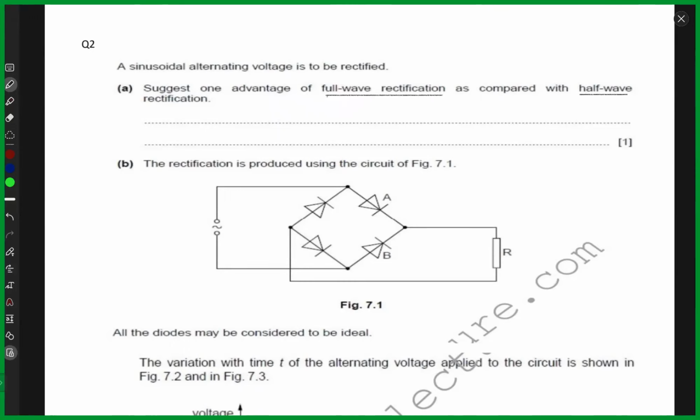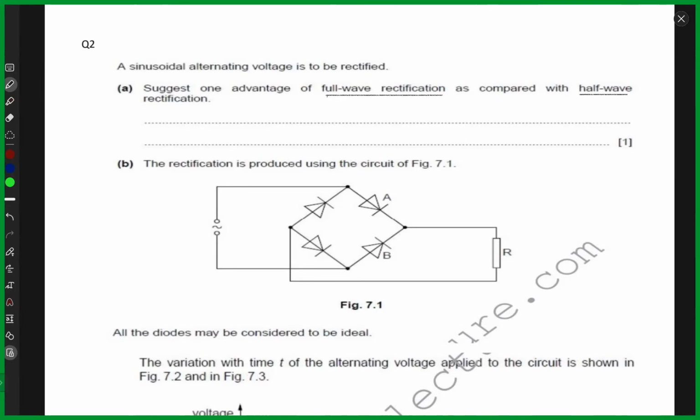You remember we started from half wave rectification, but that did not fulfill our purpose, right? So we wanted full wave rectification, and then we proceeded a bit further by adding a capacitor in parallel to smooth it out. So what was the advantage of going to full wave rectification?